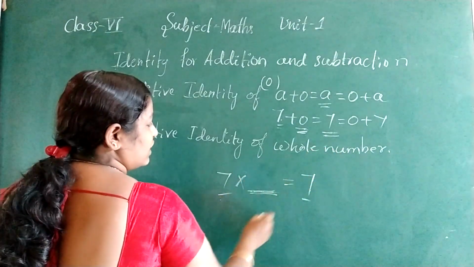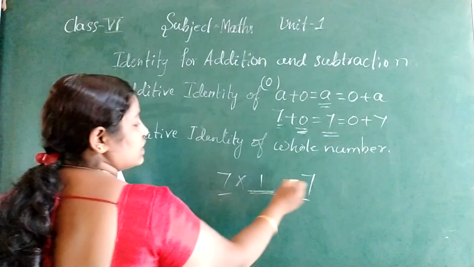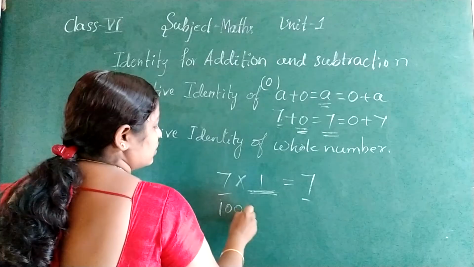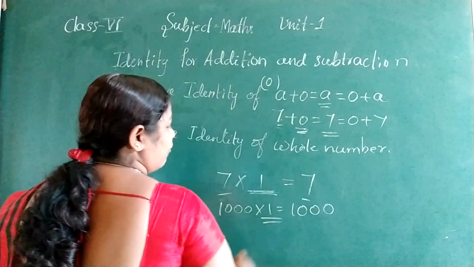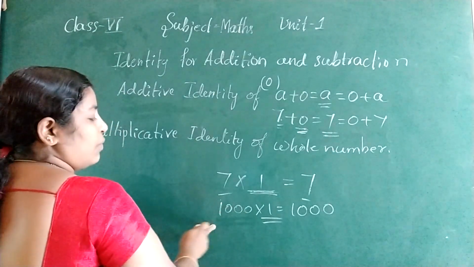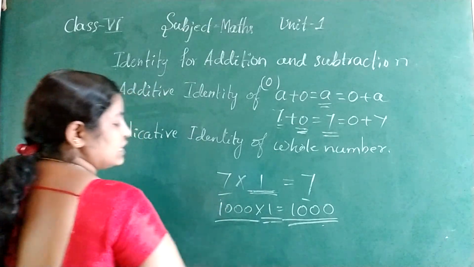So how will you get this? By multiplying with 1. 7 ones are 7, 1000 ones are 1000. If we multiply any whole number with 1, the result will be the number itself.